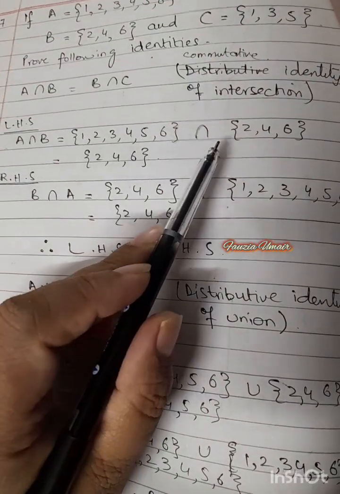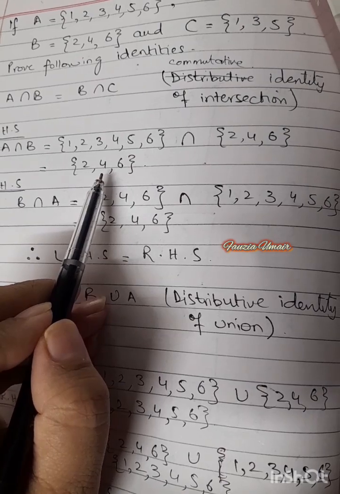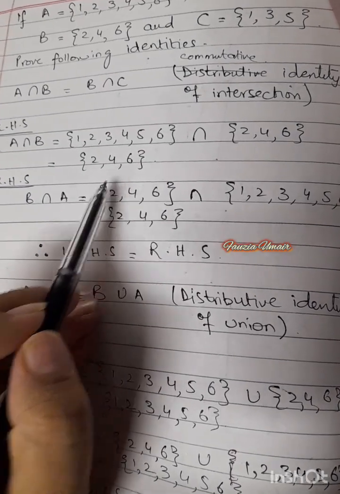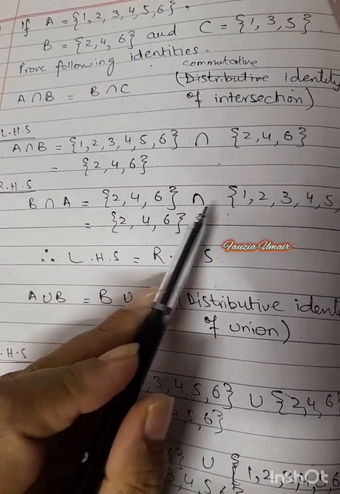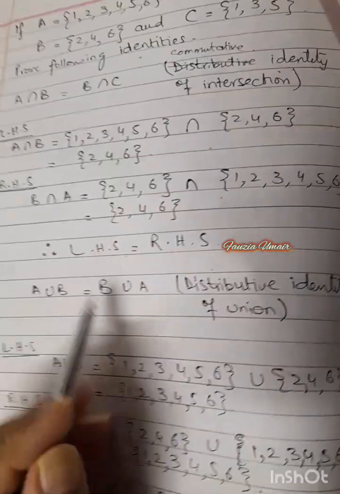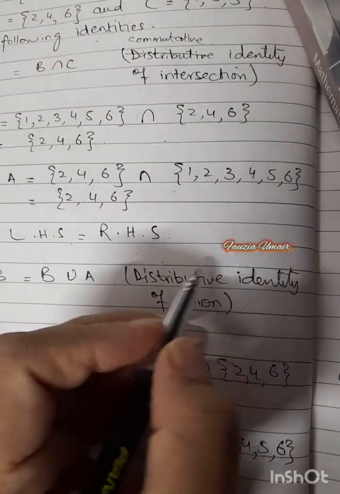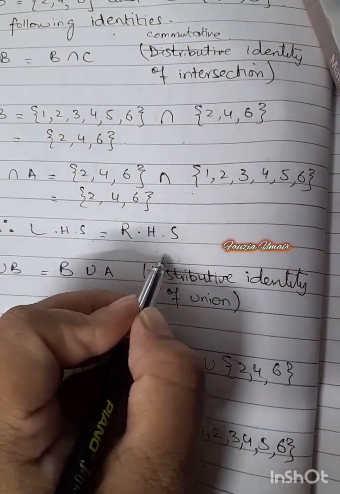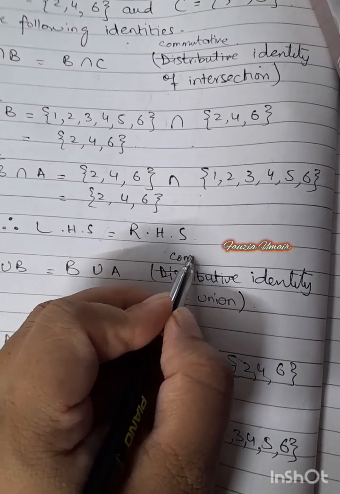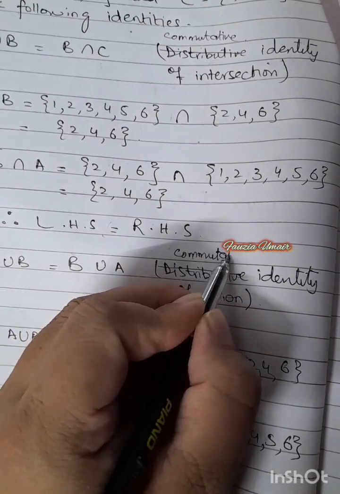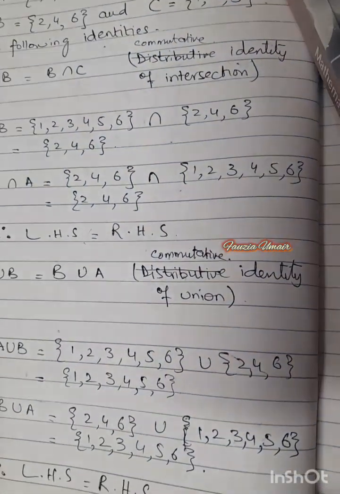A intersection B would be 2, 4, 6. So this is your left hand side. Right hand side is B intersection A. So B intersection A is also 2, 4, 6. So hence proved.